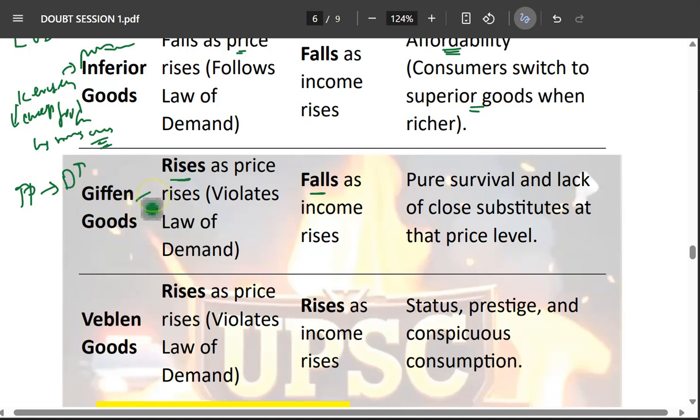But if your income increases, then you'll move from Giffen goods to superior goods. So the demand for Giffen goods falls if income increases. Why? Because there is pure survival and lack of close substitutes at that price level. So we will start to shift to superior goods or other goods that are available.